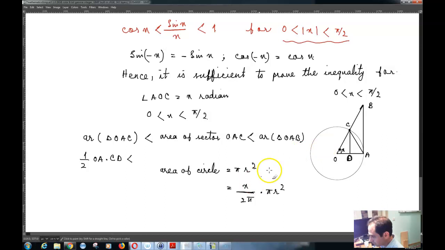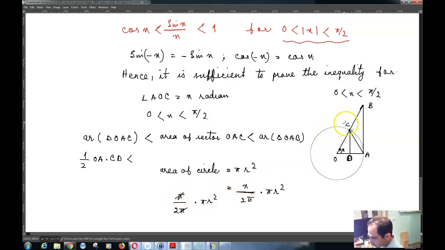Now if x is equal to 2 pi, then that's one complete revolution over one complete revolution. That gives you 1, and you will get pi r squared, which is a full circle. Suppose that x is equal to pi radians, and pi divided by 2 pi times pi r squared gives you 1/2 of the area of a complete circle, and pi is this angle over here, so that would be half a circle.